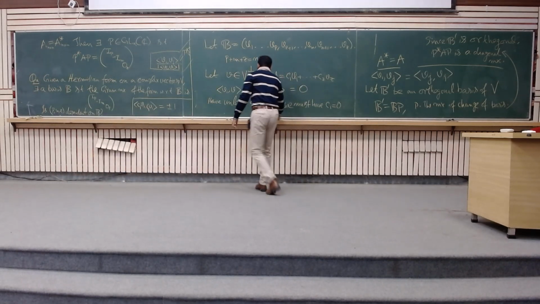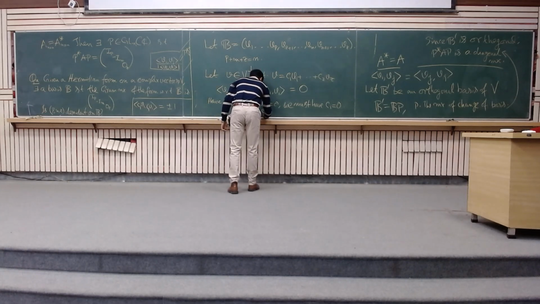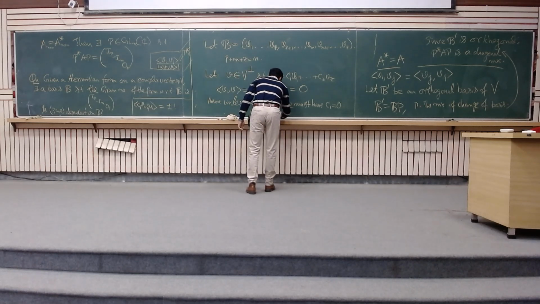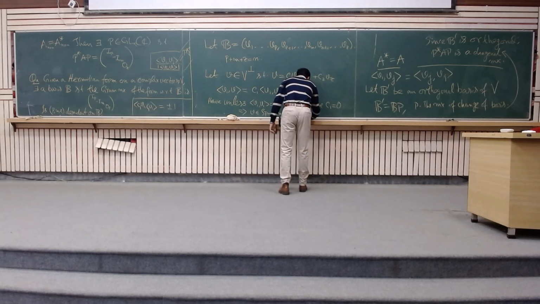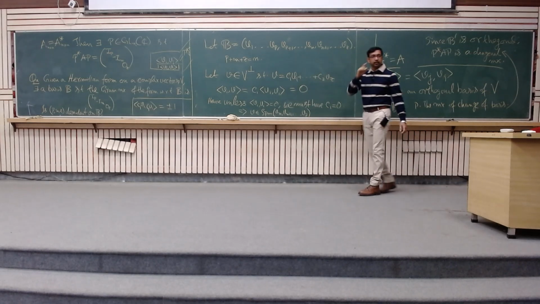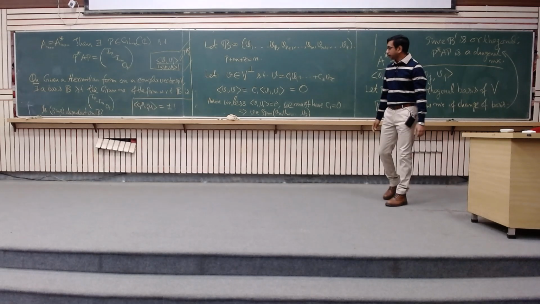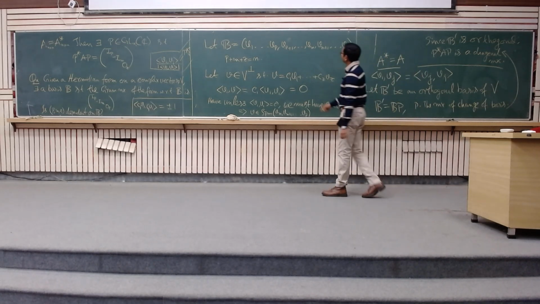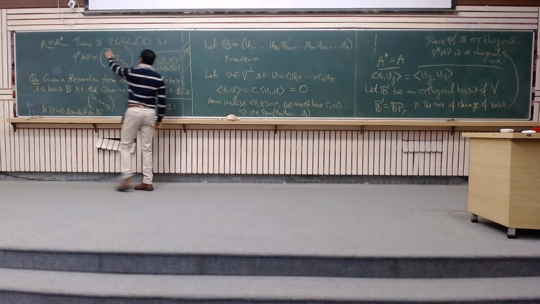So that implies in particular that V is in the span of these ones, Vm plus 1 up to Vz. This actually corresponds to these blocks.